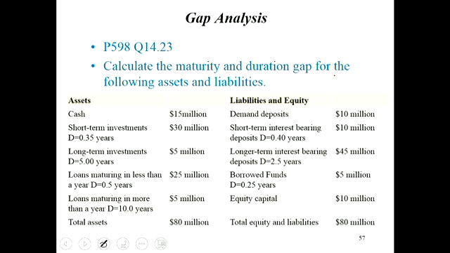So this is 1.225 minus, this is only the liabilities, the one that excludes the equity, 70 over 80 times the 1.47. That comes out at minus 0.063.